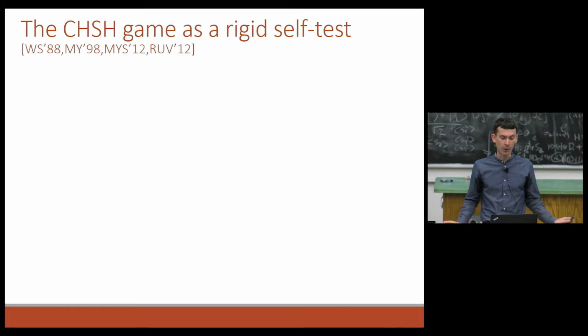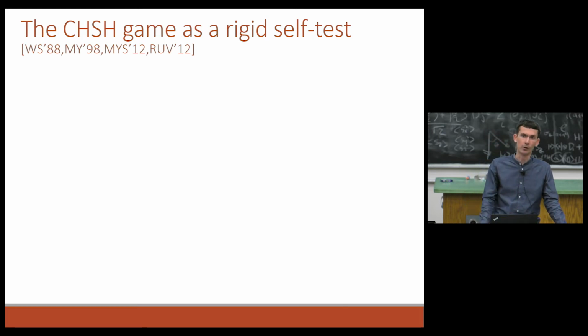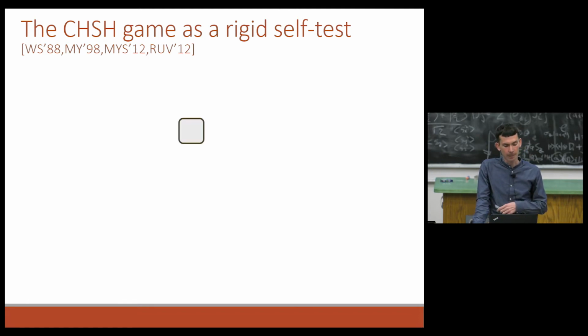Okay, so in order to explain how to do that, I have to go back a little bit and explain the basics of what's known as self-testing. Usually this is formulated in the language of games. So just for this slide, I'm going to think that there's no computation right now. The verifier plays a little game that we can think of as a test that's going to be executed in the protocol with the two devices.